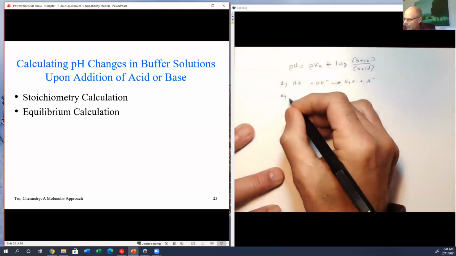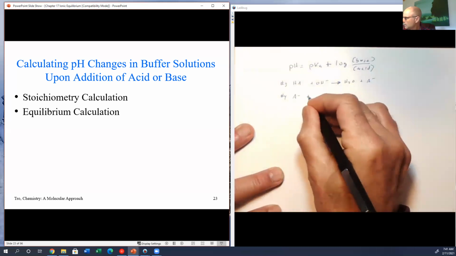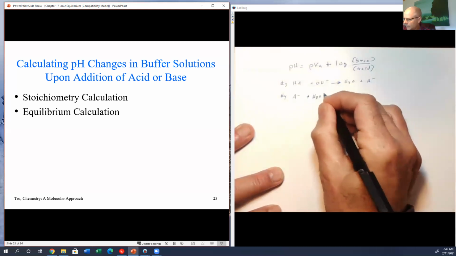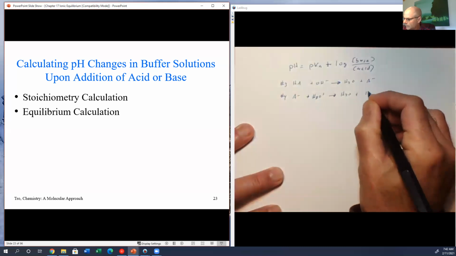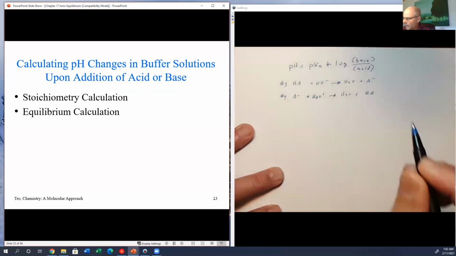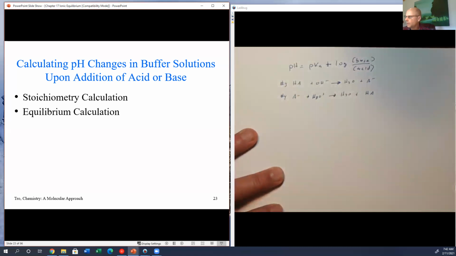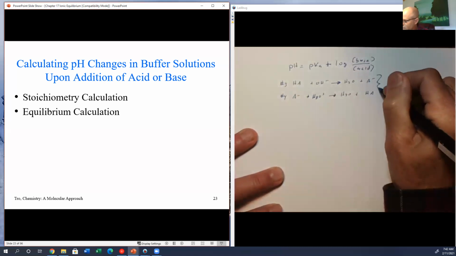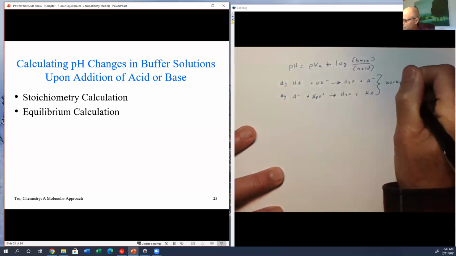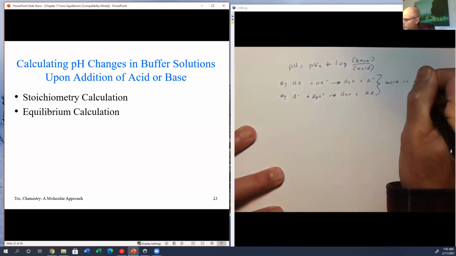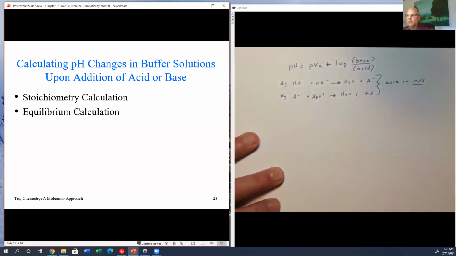And a weak conjugate base neutralizes an incoming acid by forming H2O plus the conjugate acid of that weak base, right? So those are our two equations for neutralization. And remember, for these two equations, we're going to work in moles.